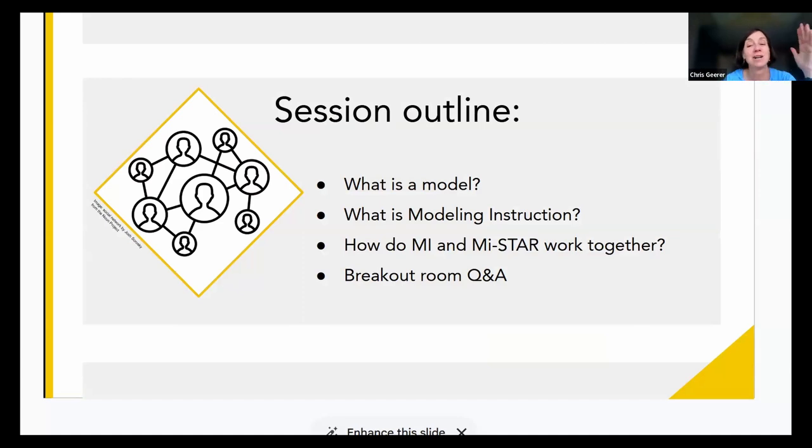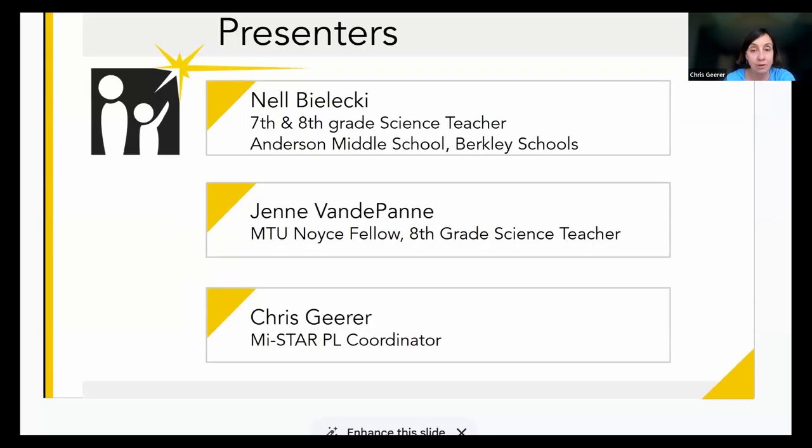They're going to delve into what modeling instruction is, and they are also MyStar superstar teachers, so they're going to talk about how they work together. I can attest that when I started hanging out a little bit with the modeling instruction people, and the other MyStar staff too, we were like, oh, this is great stuff, we're going to start using this in what we do. And then hopefully we'll have a little time at the end for some Q&A if you have questions.